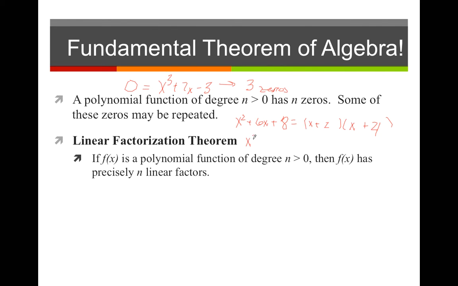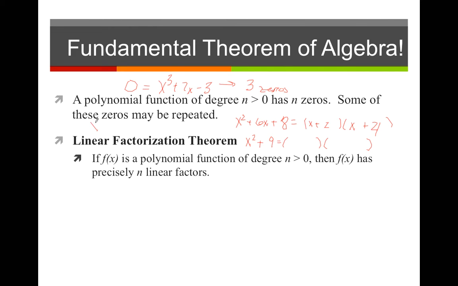Likewise, x squared plus 9 also can be factored to 2 different factors. Now, some of you are thinking, well, that doesn't factor because you told us it doesn't factor. Well, you're right. It doesn't factor with real numbers.